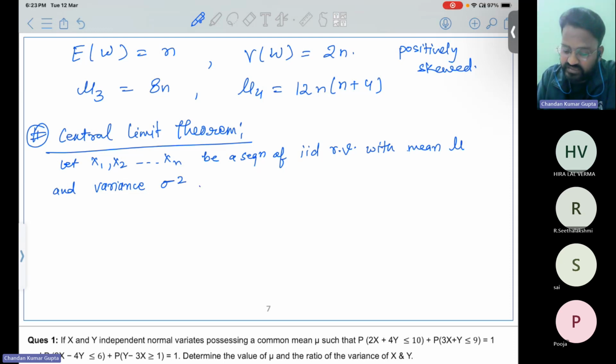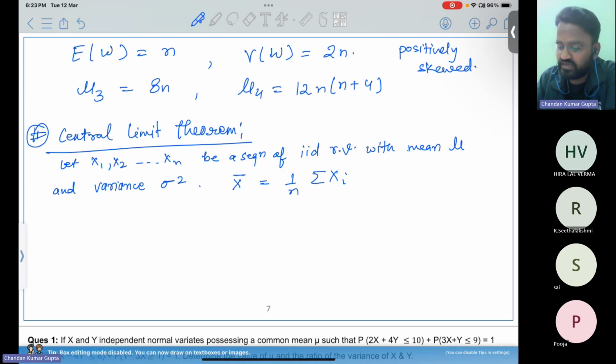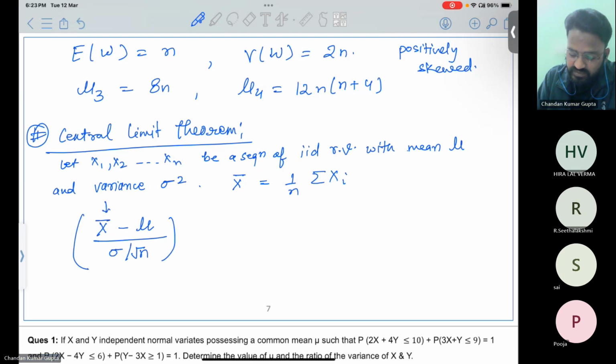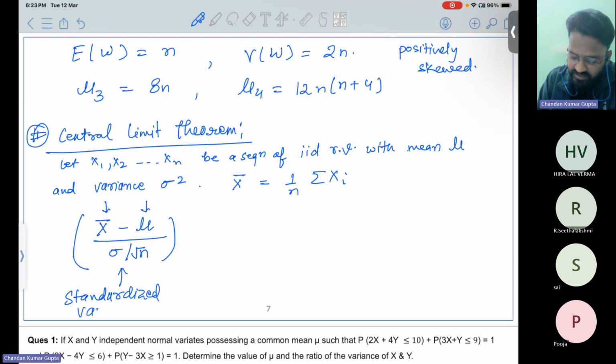The sample mean is defined as 1 by n summation of Xi. Then the limiting value of the standardized variate, X bar minus mu divided by sigma by root n, which is the variable minus its mean divided by its standard deviation, is the standardized variate.